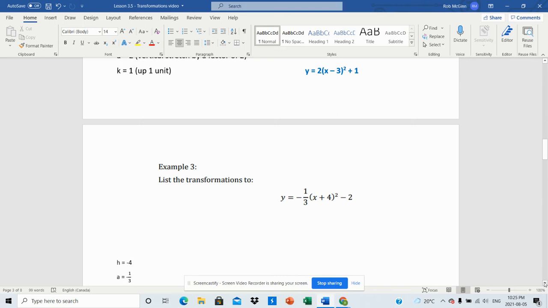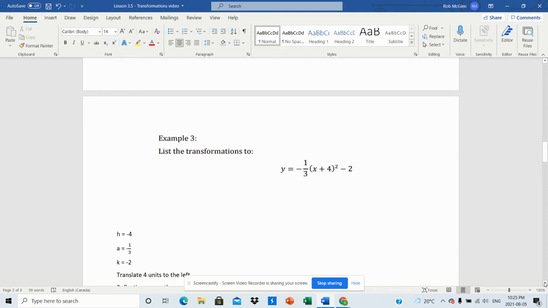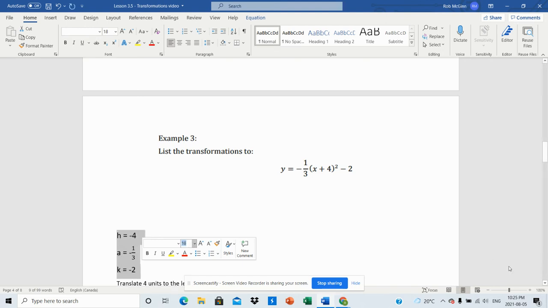I know H is my horizontal translation, A is my vertical stretch or compression. If it's negative, it also has a reflection across the x axis. And K is our vertical translation. I'm just going to increase the size of those because I noticed that you couldn't see the negative in front of the 1/3 there.